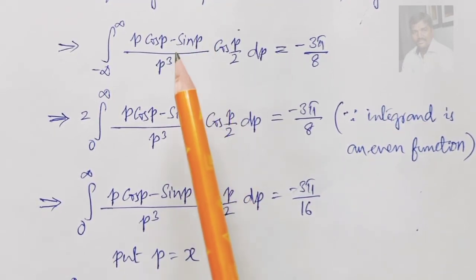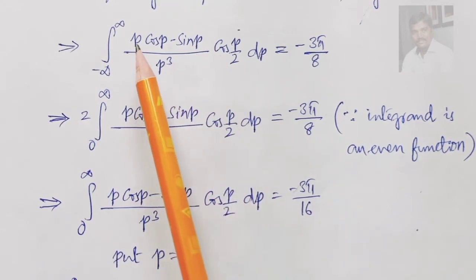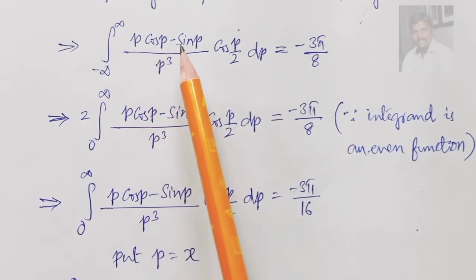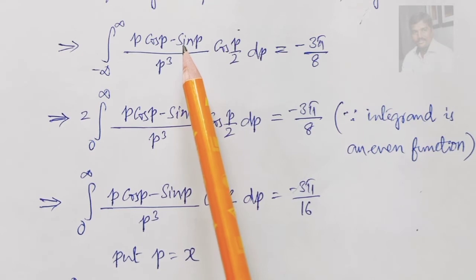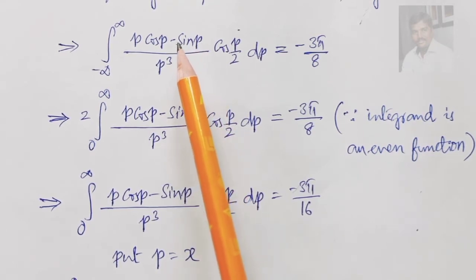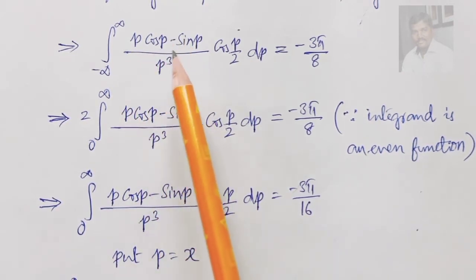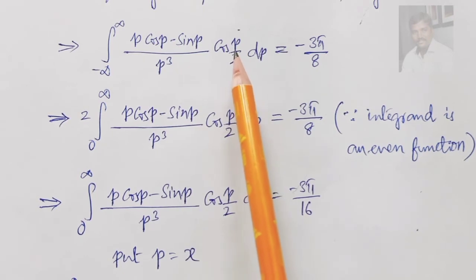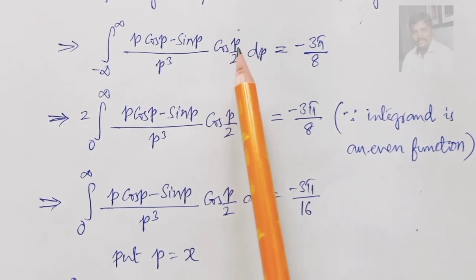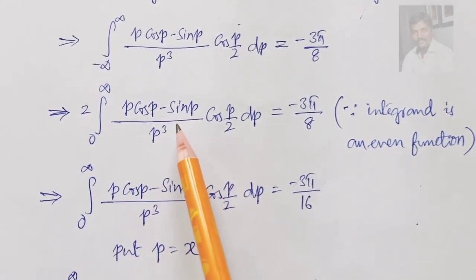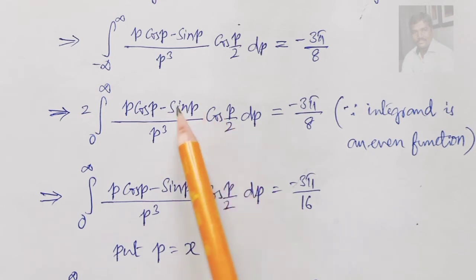You can observe that if I put minus p, p cos of minus p is cos p only, and sin of minus p is minus sin p, so minus plus there. If I take the minus common, minus cancels, again I will get the same. Since cos of minus p is cos p only, again I will get the same one here. So therefore, since f of minus p is equal to f of p, the integrand is an even function.